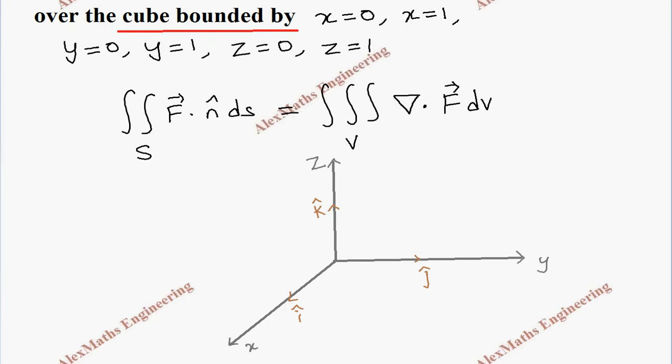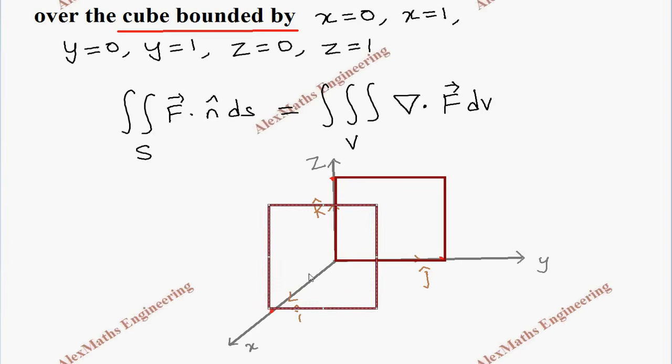Let's construct the cube. So we have a cube which is bounded by x equal to 0, x equal to 1. So everything is 1 unit. So let's mark 1 unit in the axis. So our cube will be something like this.